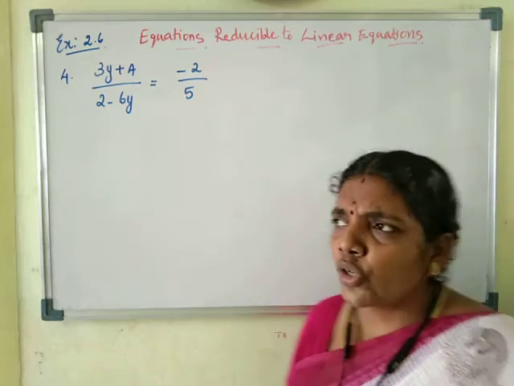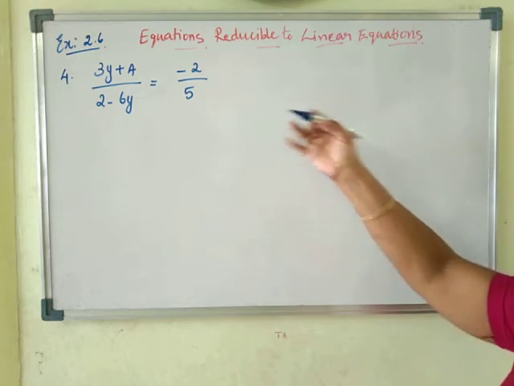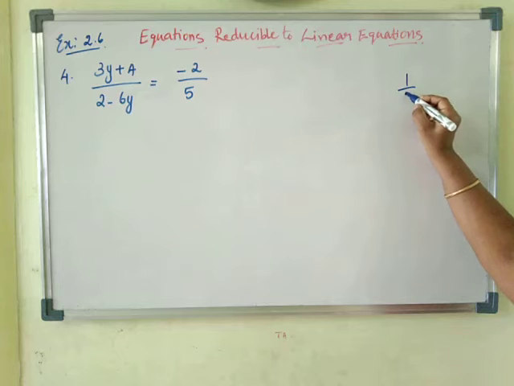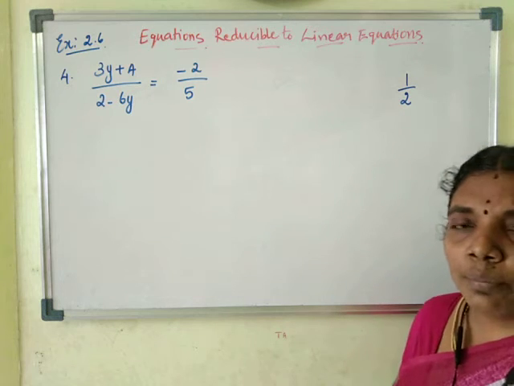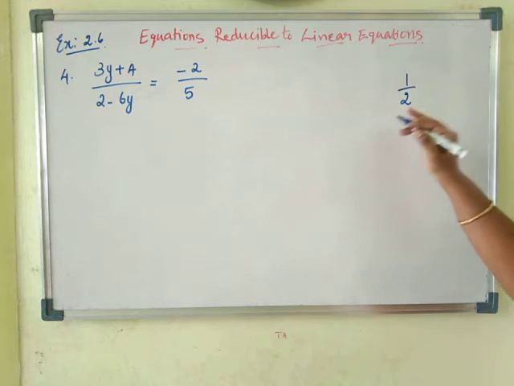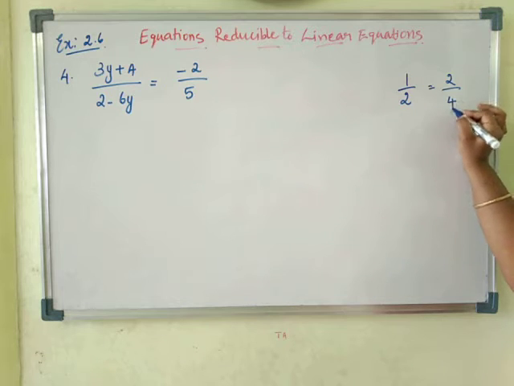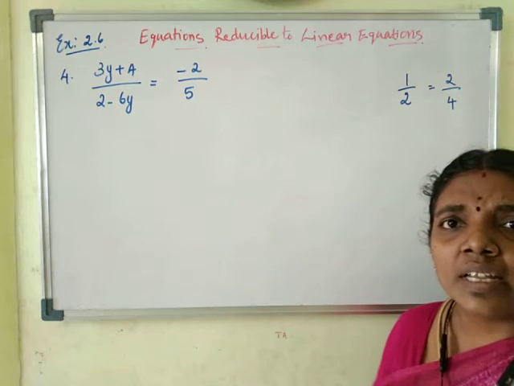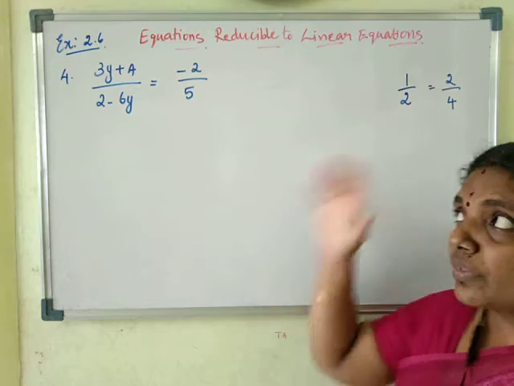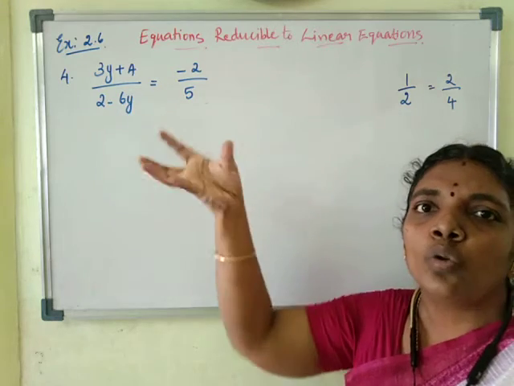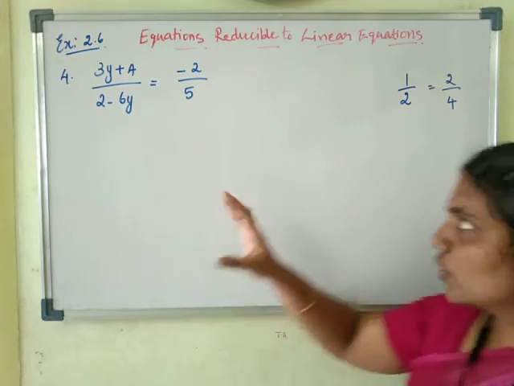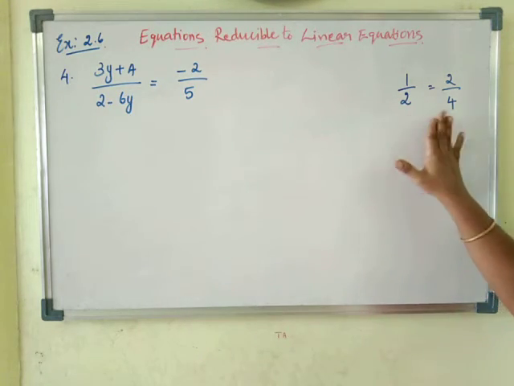For a simple solution, we can give an example, like we can take a rational number. 1 by 2 will be equal to 2 by 4, right children? This is called equivalent fractions. From this we will come to know how to go with the solution. 1 by 2 equals 2 by 4.